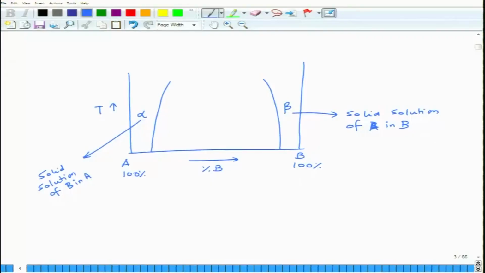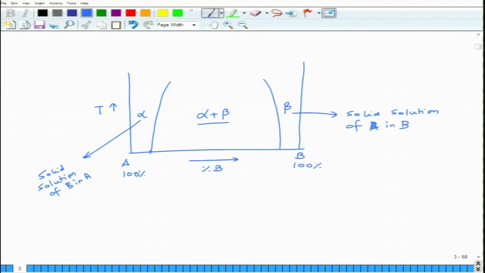Between these two, it gives a mixture of alpha and beta. This is one simple example. There are more complicated examples where other phases may form, but this is one simple example where solid solubility is limited.